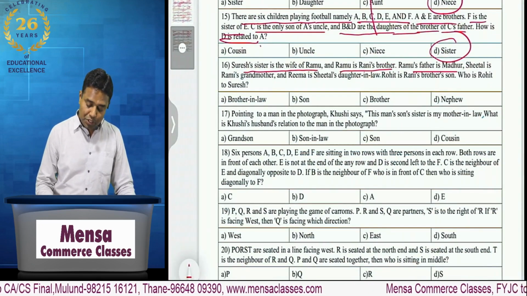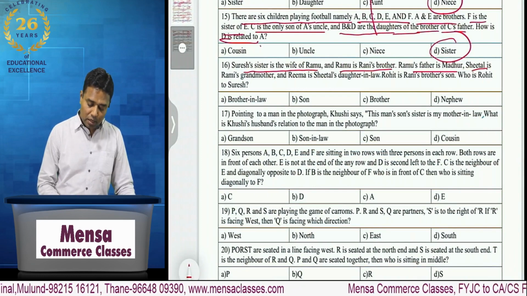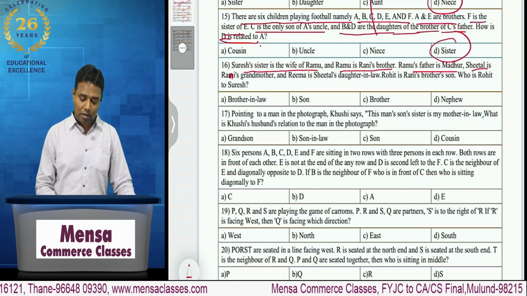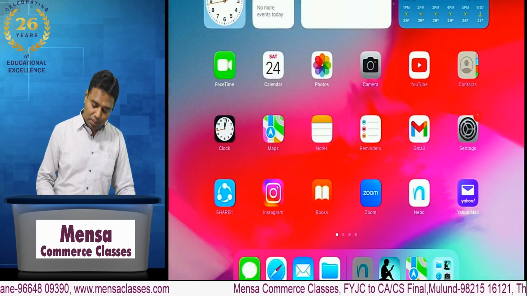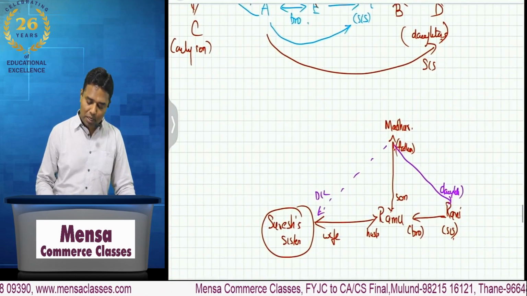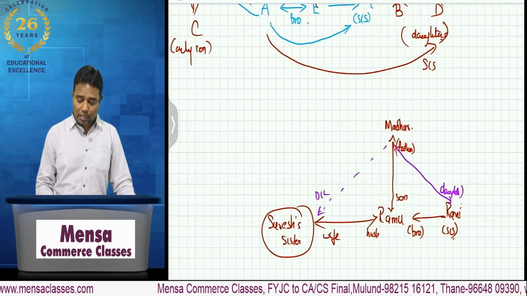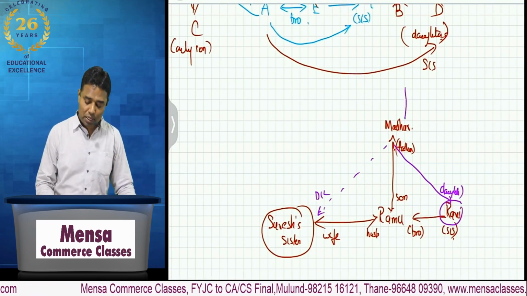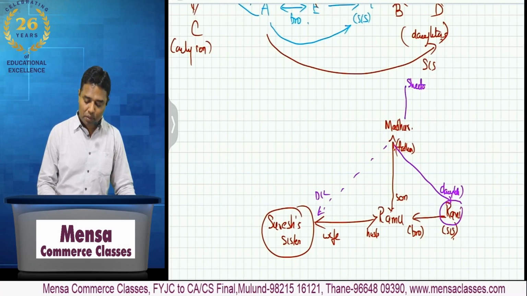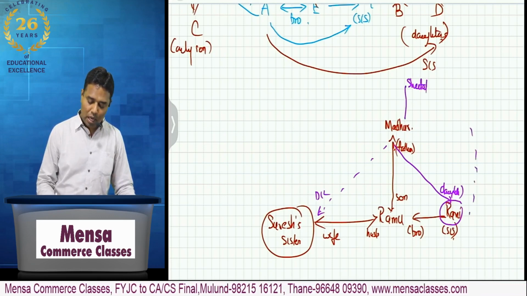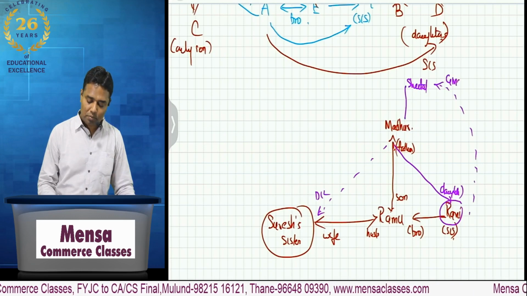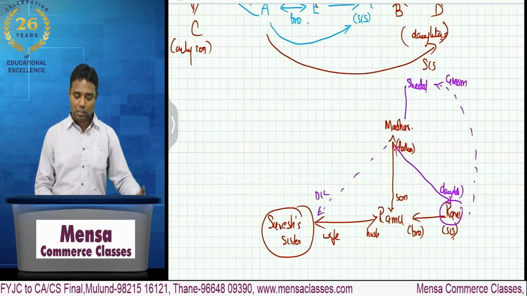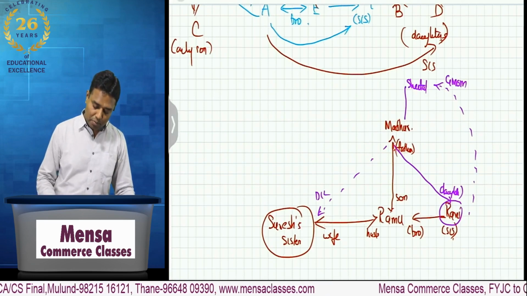Sheetal is Rani's grandmother. Very obviously, who will be Rani's grandmother? Father's mother. So here is Sheetal. She is Rani's grandmother, because father's mother. So Sheetal is Rani's grandmother, that we have marked.